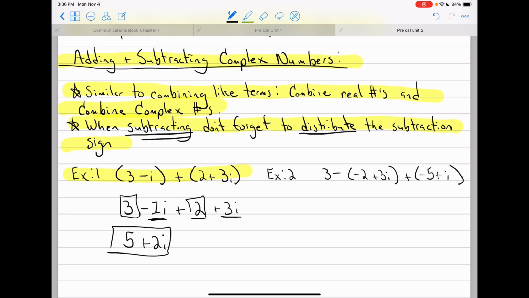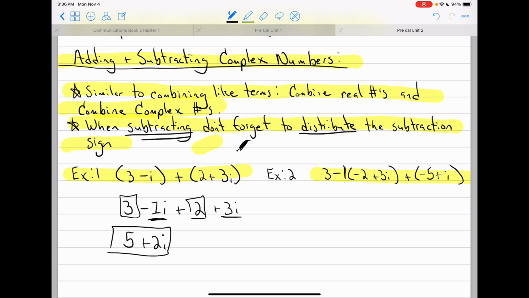All right, so let's do number 2. Example number 2 says (3 - 2i) minus (-5 + i). This is where that second rule comes in. Don't forget, when you're subtracting, to distribute the subtraction sign. I have subtraction right here, and this really has an invisible -1.